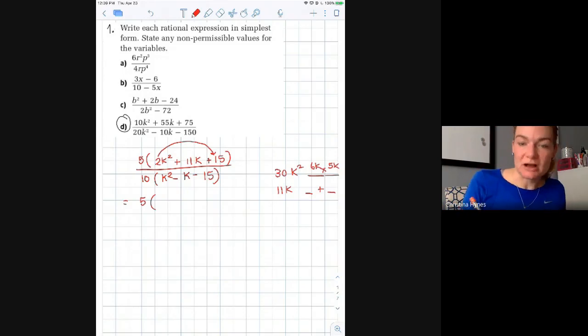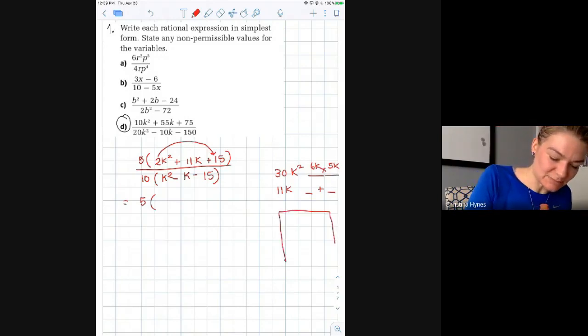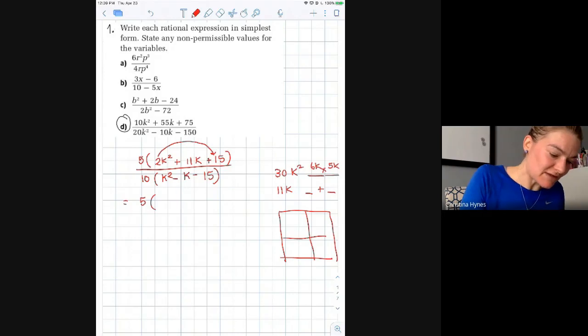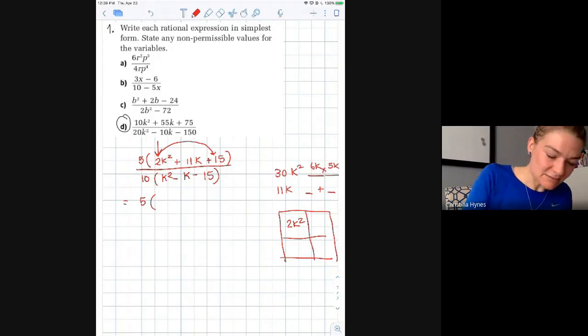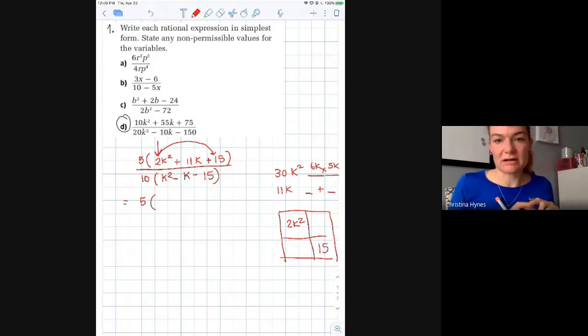I'm going to do the box method here, and if there's another factoring method, I'll do that in the next one, just to practice all of them. So this is the box method. I'm going to put the first value, 2k squared, in the top left box, and the 15 goes into the bottom right box.